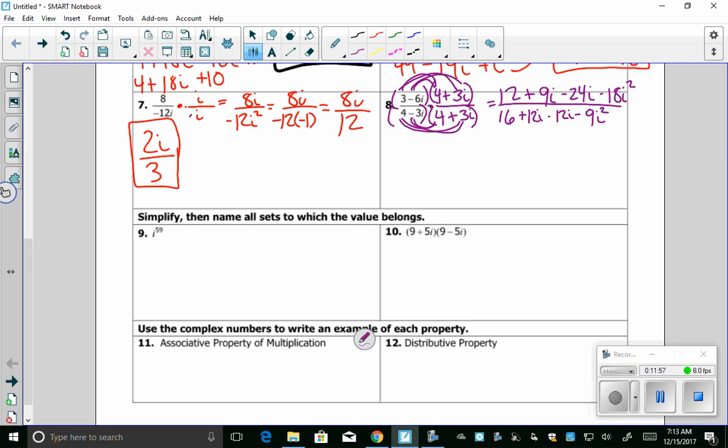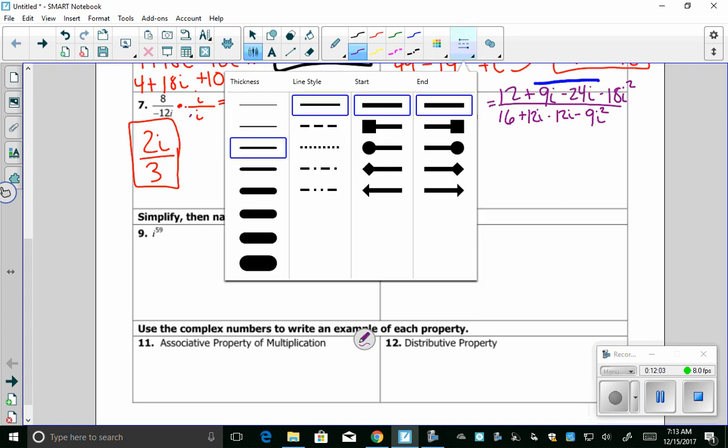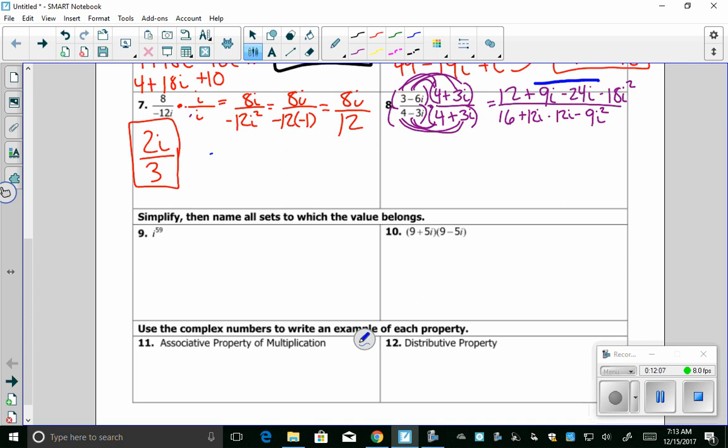Our like terms for the top are here. So I'm going to be left with 12 minus 9 minus 24 should give me, I believe, 15.